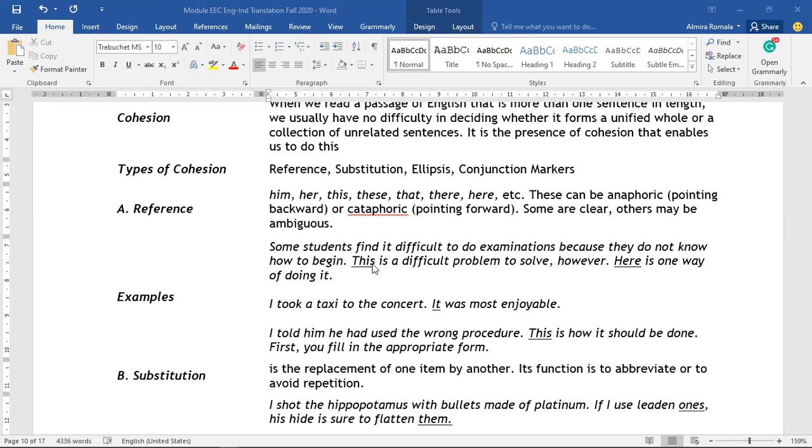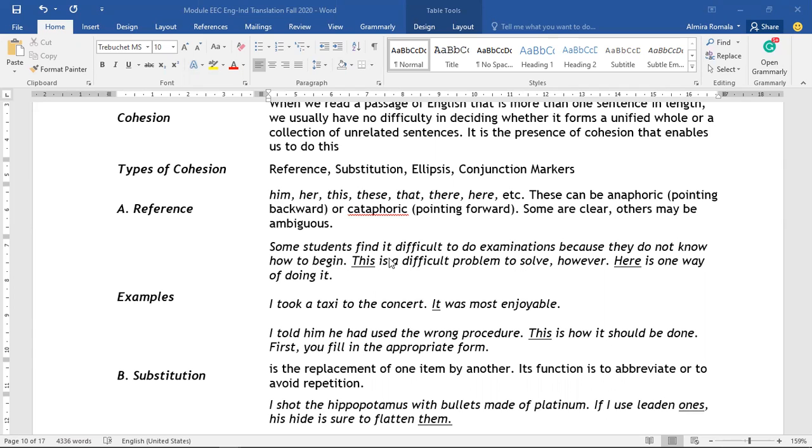This word doesn't have a precise reference, but from the context, from understanding the first sentence, we know that this means how to begin, right? So how students begin is a difficult problem to solve, however.